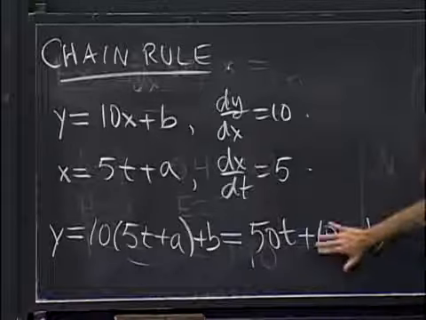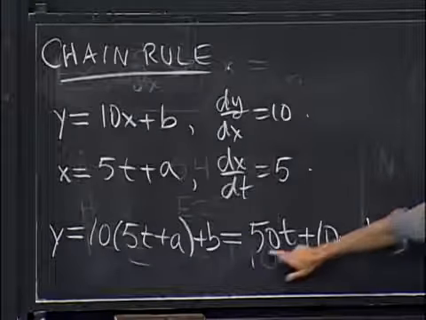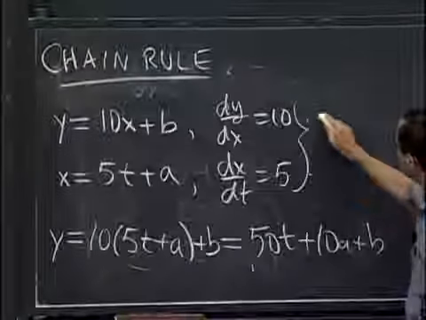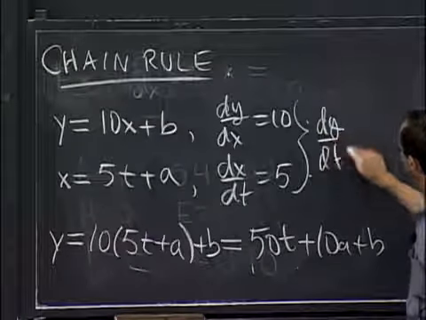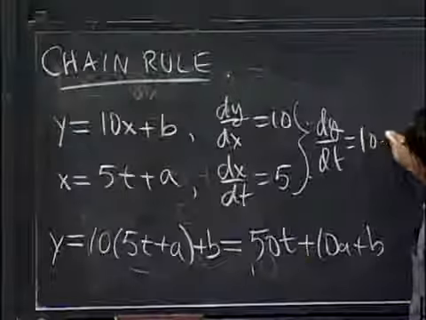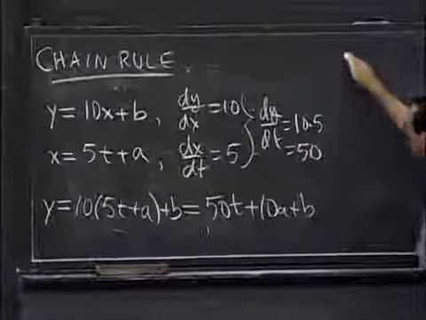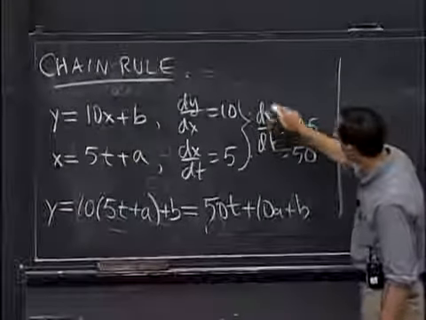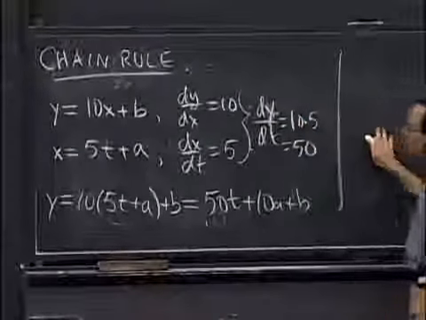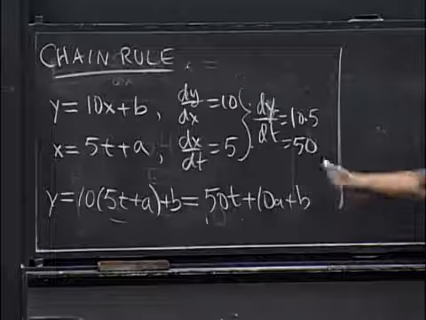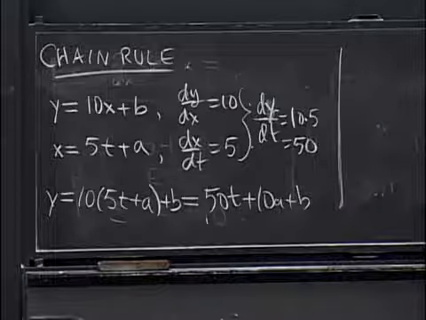Now, the constant terms don't matter. The rate is 50. And so the consequence, if we put them together, is that dy/dt is 10 times 5, which is 50. All right, so this is, in a nutshell, why the chain rule works and why these rates multiply.